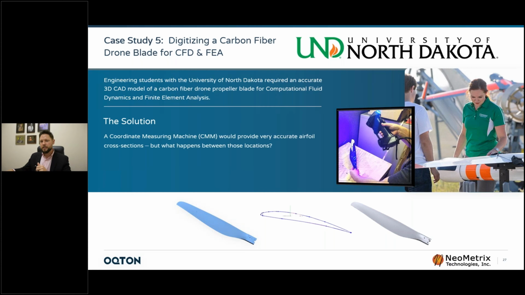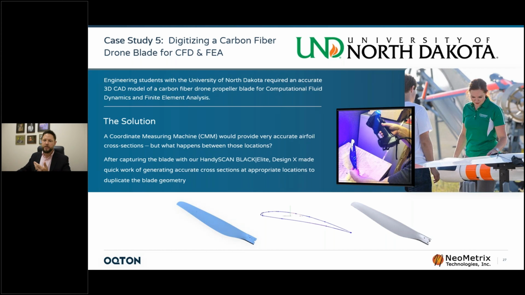Typically, again, we've kind of hit on CMMs and old methods where we can measure these features. They don't give us complete data of the profile of the blade, and the closer you can match to that blade, the closer their computer models will replicate what's actually going on in real life.